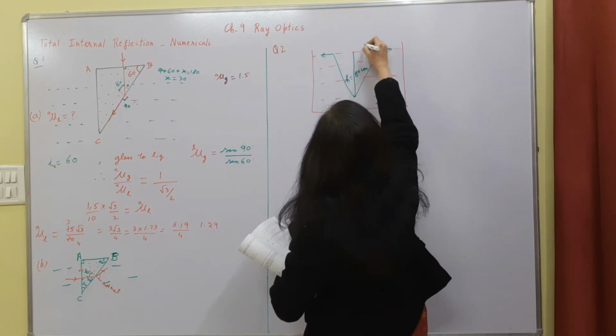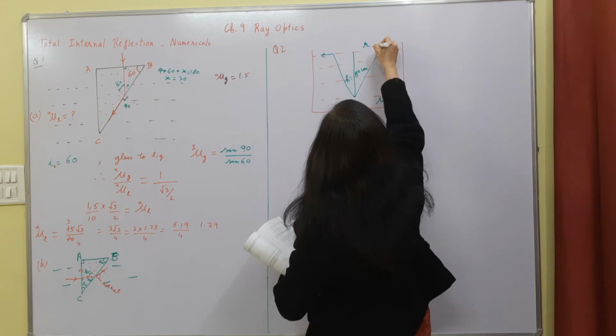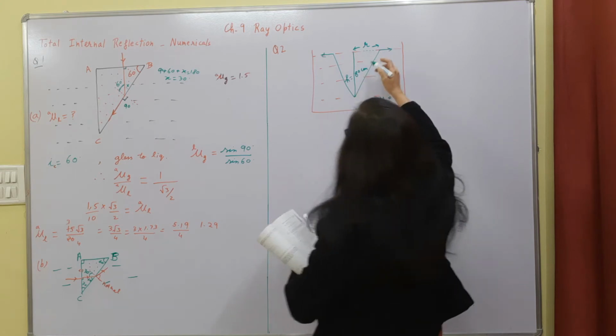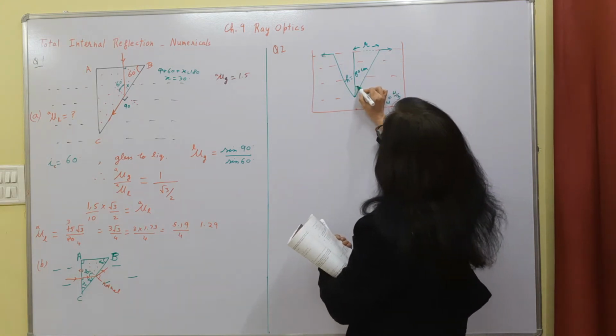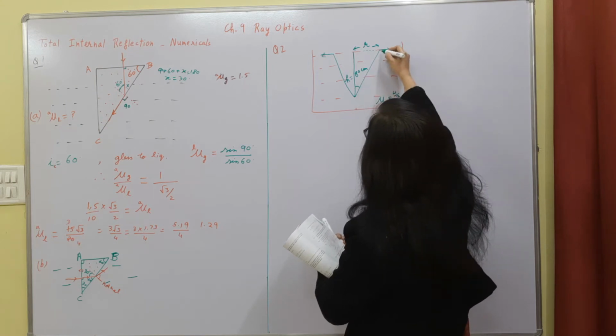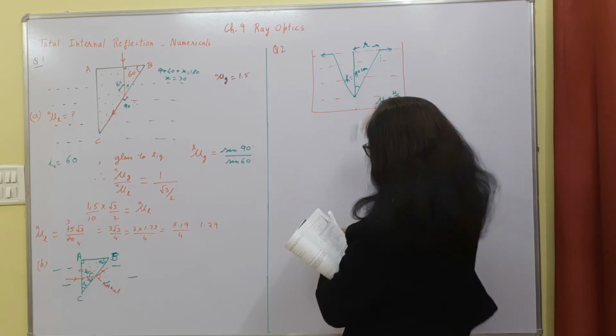If we write this as R, so if this is moving parallel to the surface, that means this angle is how much? Let's find out.